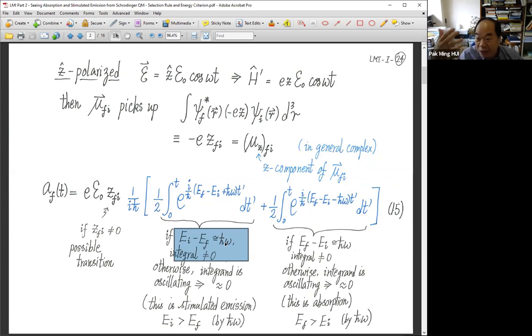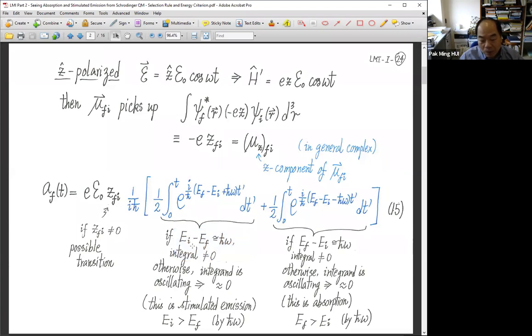You do not have negative frequency light. This is a mathematical thing only when you do Fourier transform. But in reality, omega of incident light is positive. So the right-hand side is positive, but you require initial minus final is positive. Therefore, that will refer to a case where the final state is lower than the initial state.